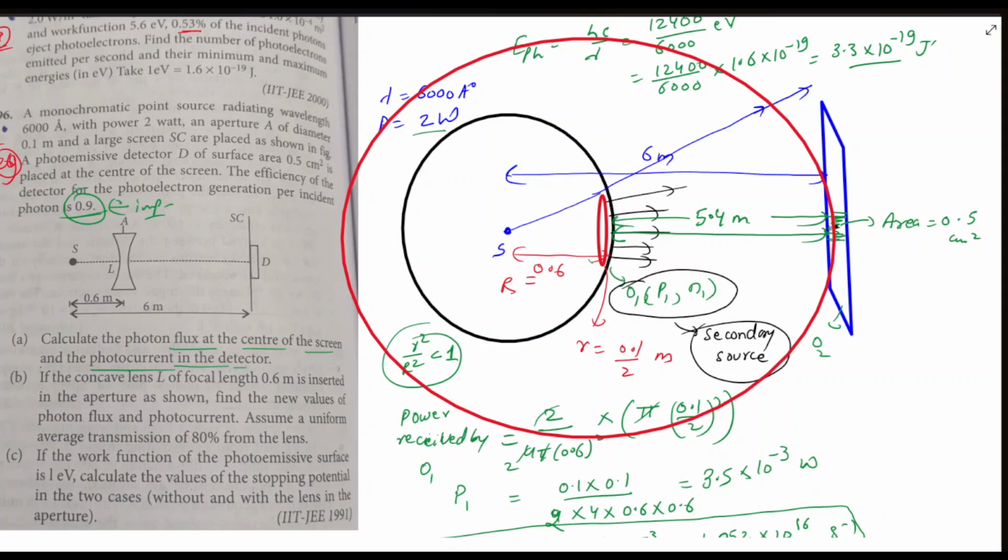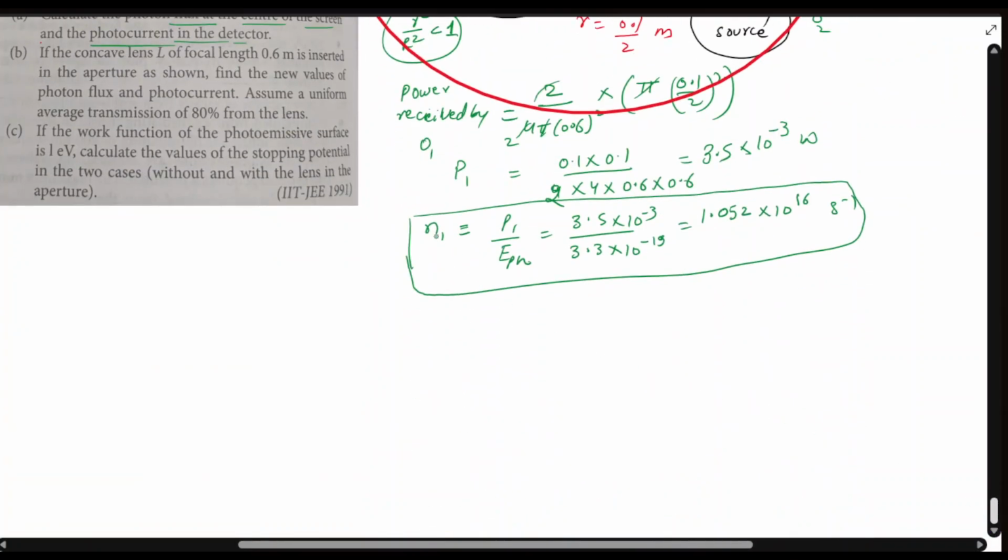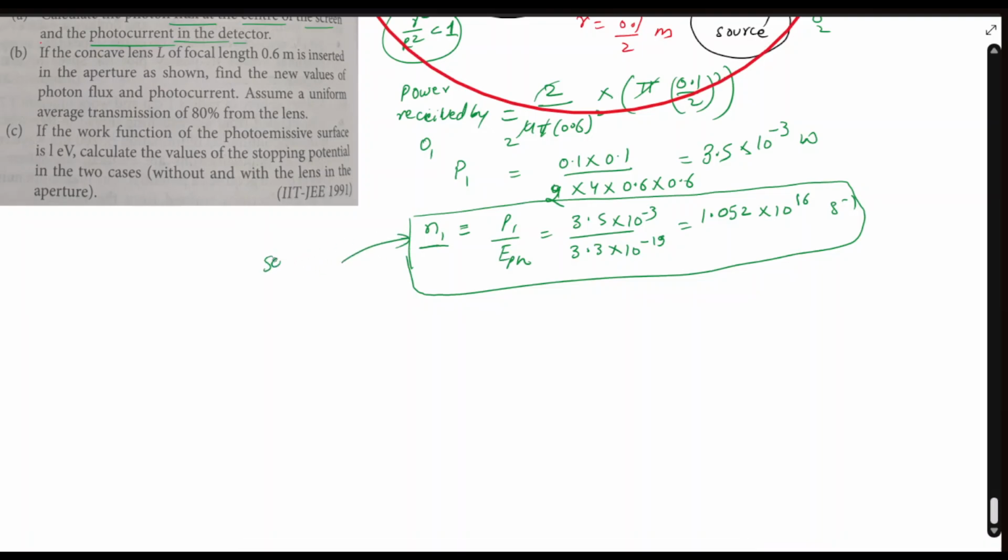Now we want to find how many photons, the photon flux, that is, the number of photons reaching per unit area. So let's first find the intensity from this surface. This is our secondary source.